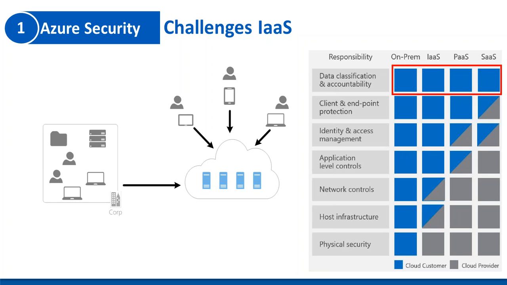So when we're talking about data classification and accountability, absolutely, you are responsible, with one big difference being that in the PaaS model, you normally have some sort of built-in accountability. Well, because IaaS is bring whatever you have, bring whatever you want, or even build your own environment, you will need to bring your own data accountability and classification tools into that cloud as well.